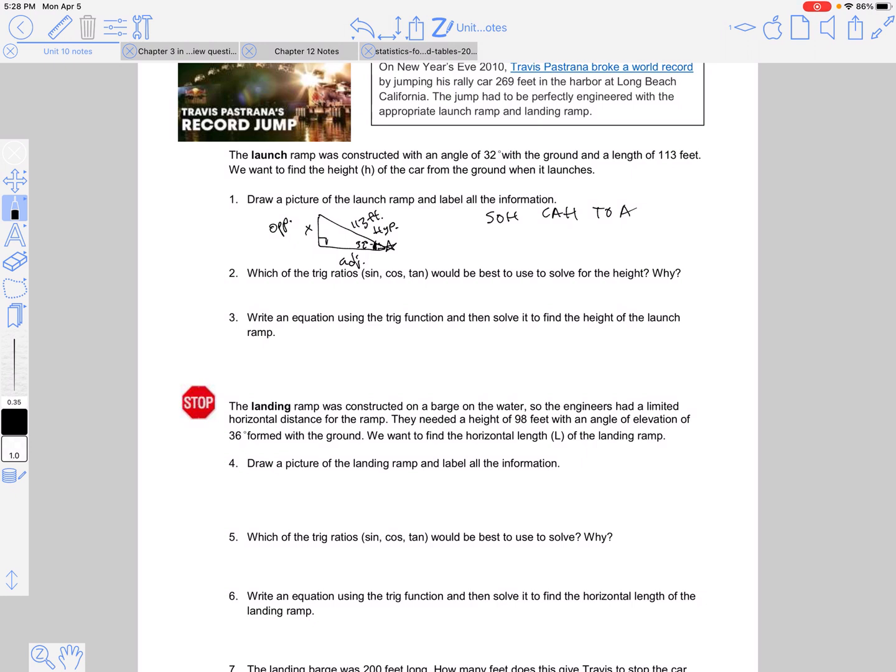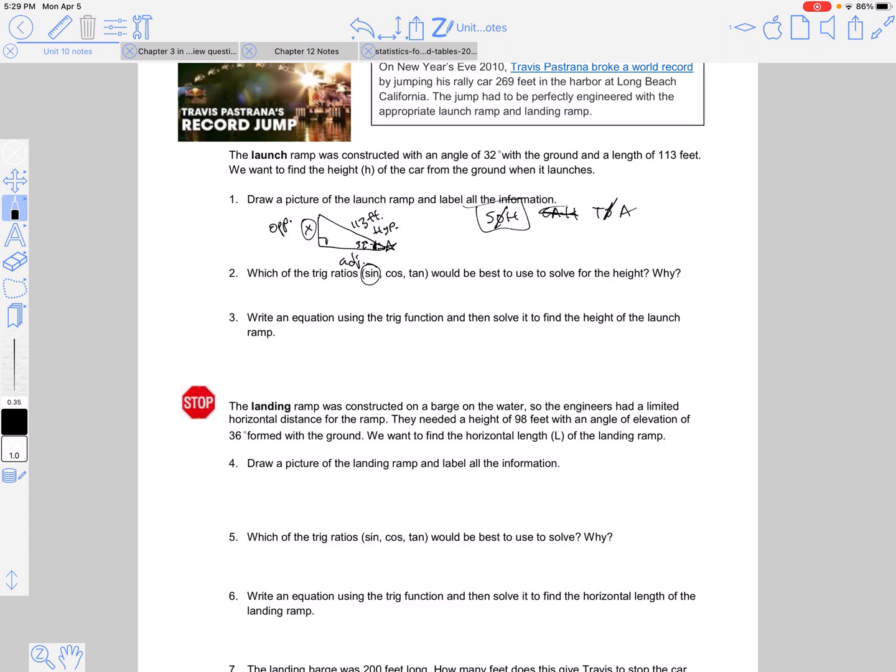So if I want to solve for x, I want the opposite, right? So I'm probably either going to use sine or tangent. I'm not going to use cosine. And I know nothing about the adjacent, but I do know about the hypotenuse, so I'm going to use sine. Why would this be best?